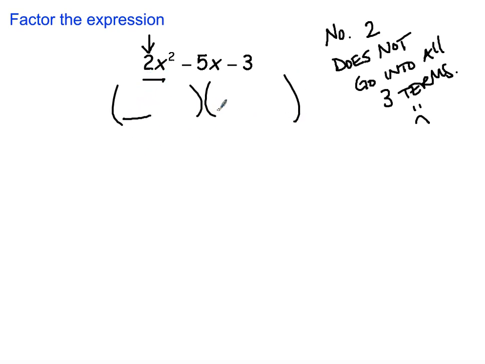So the first two spots have to make a 2x squared. So that would be a 2x and an x. The last two spots make up a -3. They have to multiply to -3. So write out all the combinations that would multiply to -3. It's negative, so they're going to have different signs.